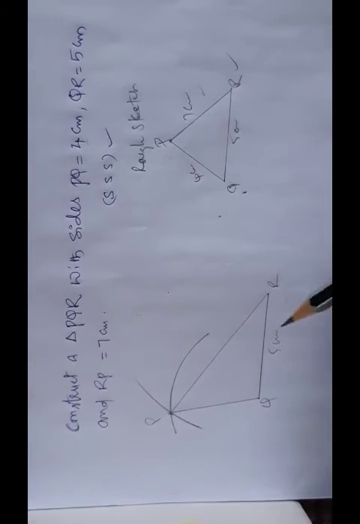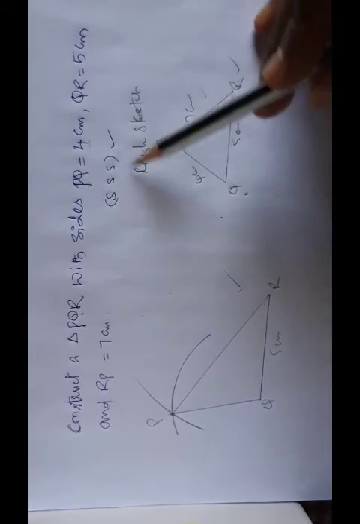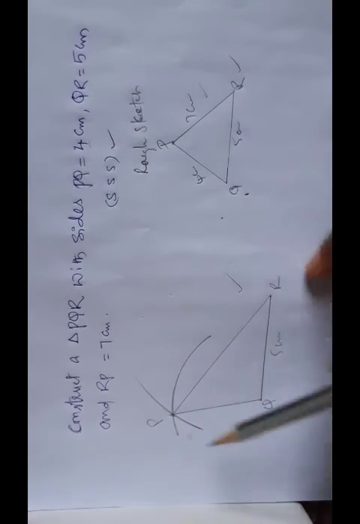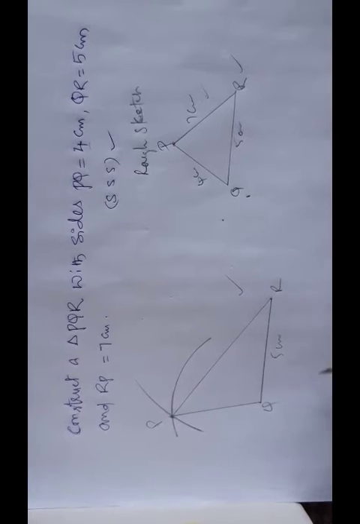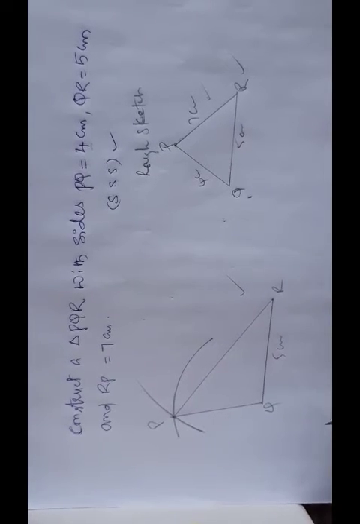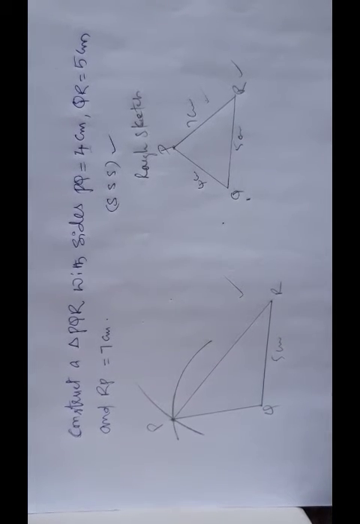So in this way, if we have 3 sides, we can construct the triangle. First the rough sketch is important, after that the construction, then the construction steps. What are the construction steps? First, I have drawn QR taking 5 centimeters.